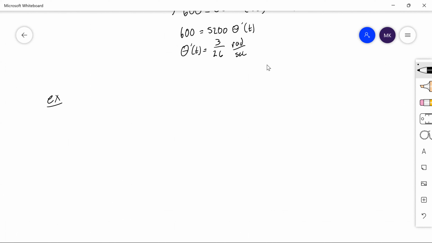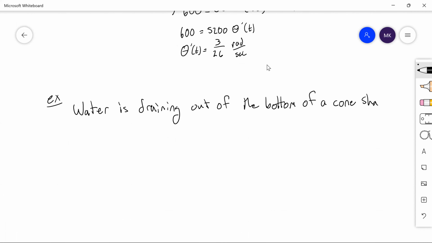Our last example is: water is draining out of the bottom of a cone-shaped funnel at a rate of 0.03 cubic feet per second.